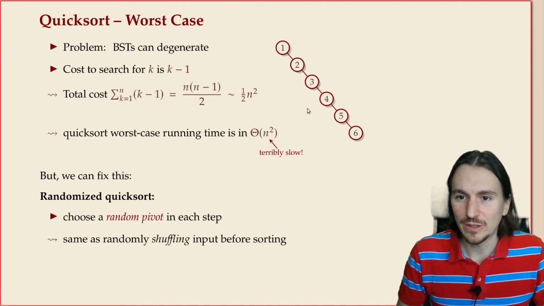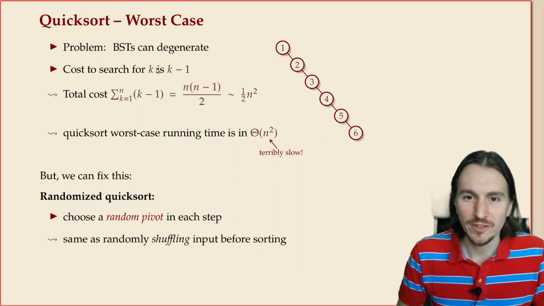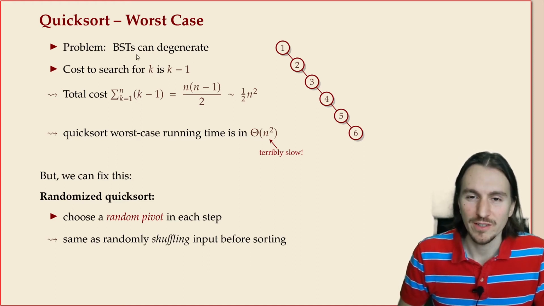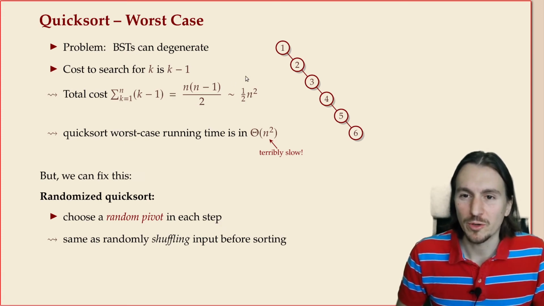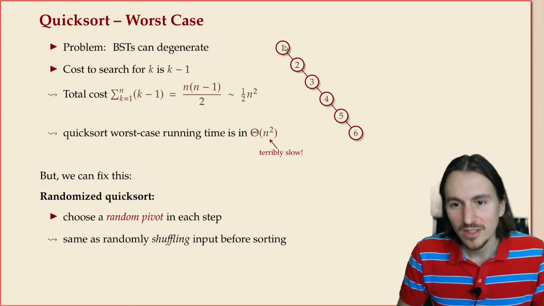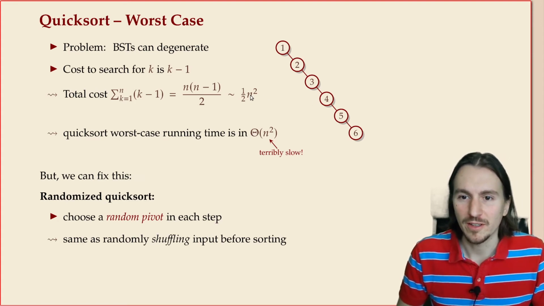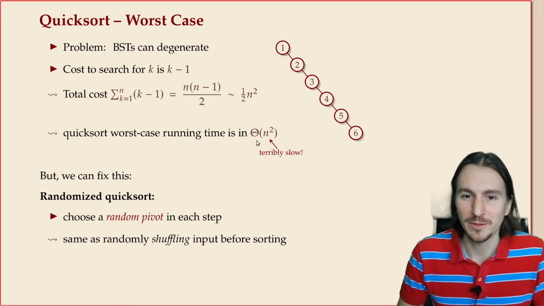A binary search tree can look like this, and then it has height n. And that also translates into a very bad case for Quicksort. You can work this out. Effectively, at each element you have to pay the size of the subtree, because that's how many comparisons this one participates in. And if you sum this up, you get a quadratic number, and that's your worst case for Quicksort as well.